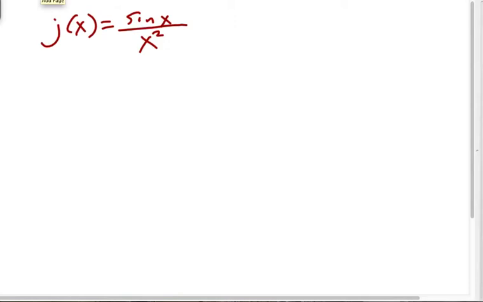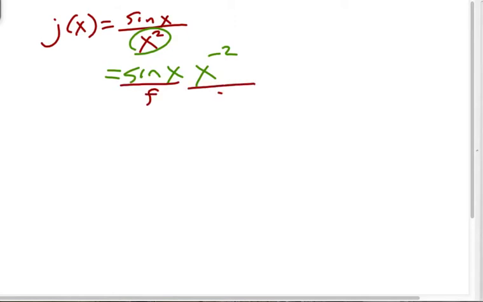All right. So to use product rule on this, I actually have to come up with a product that's easy enough to do by rewriting this guy right here. So that's going to give me sine of x times x to the negative 2. Okay. So there's f and there's g. So f is sine of x.